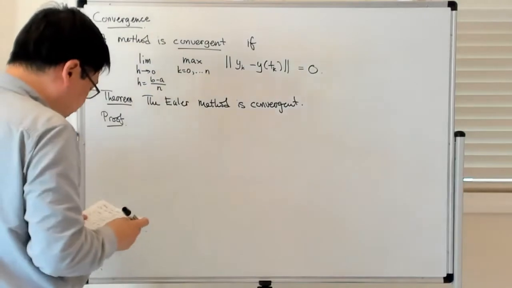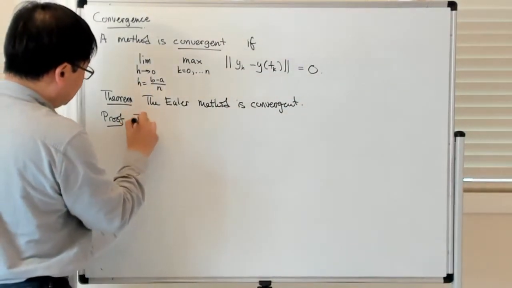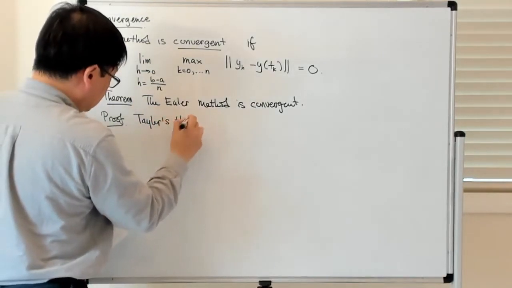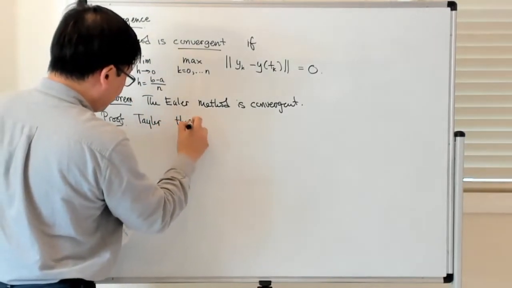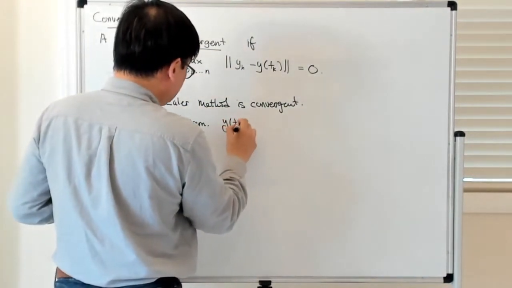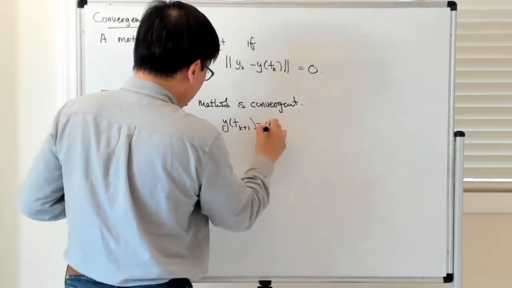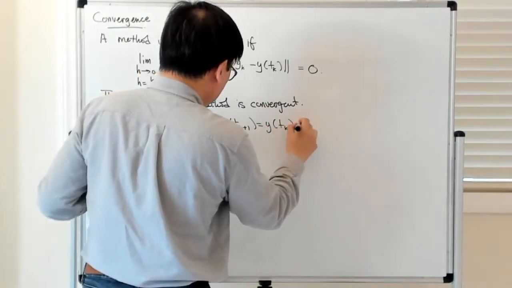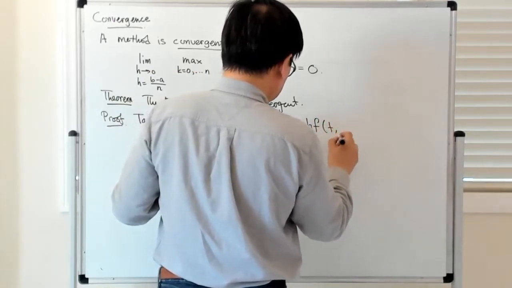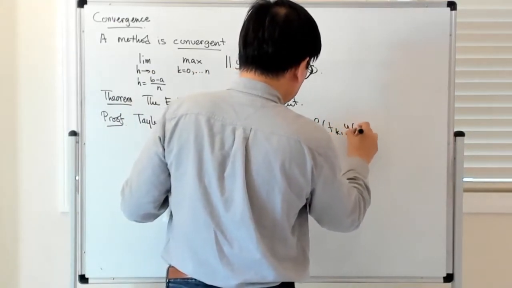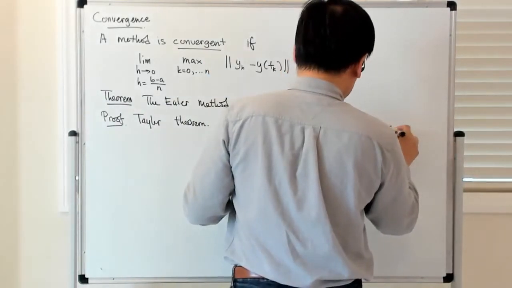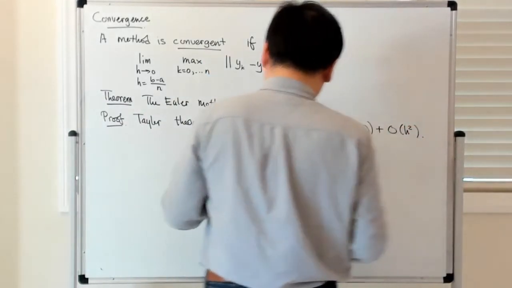The way you prove this is to first start with Taylor's theorem. It says that y at t_{k+1} is equal to y at t_k plus h f(t_k, y(t_k)) plus something which is big O of h squared.